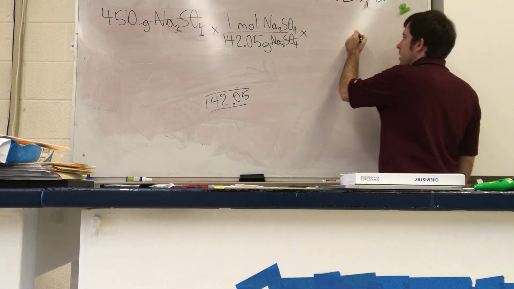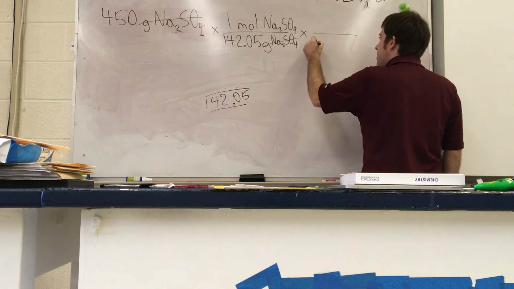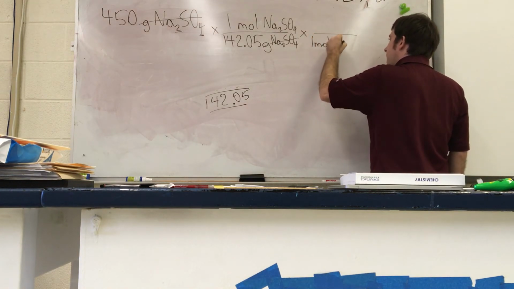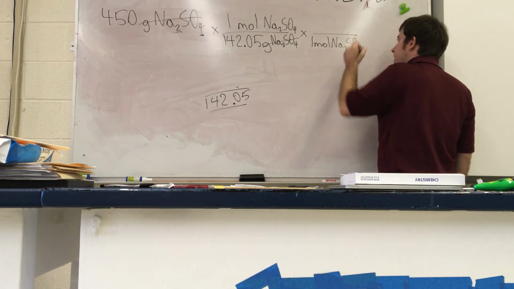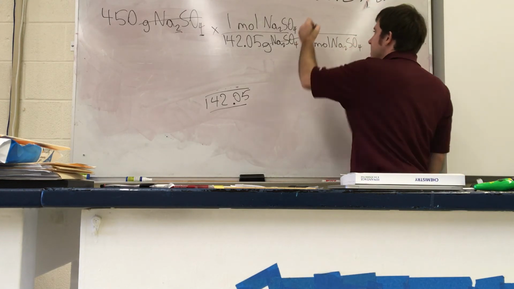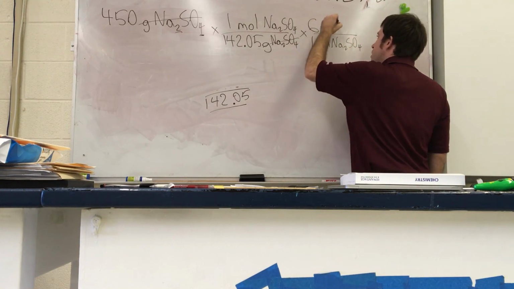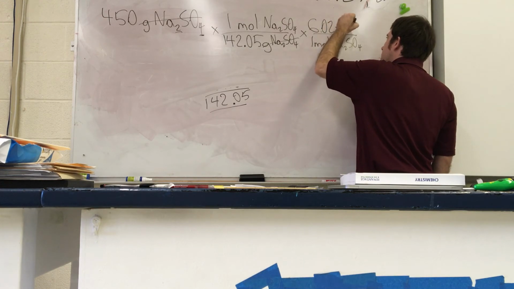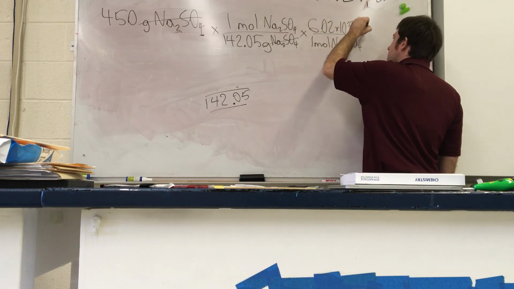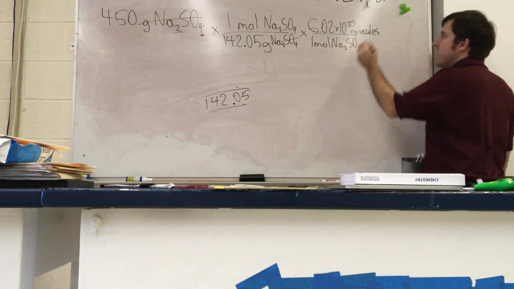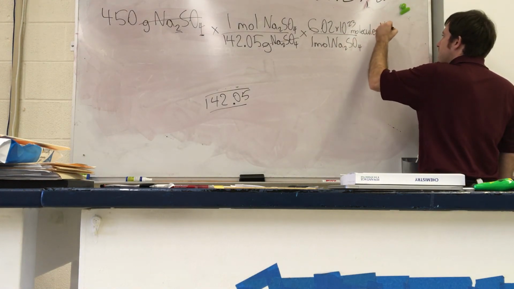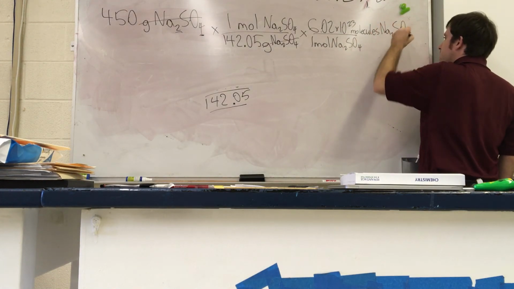Let's get to molecules. We know that 1 mole of Na2SO4 is the same as 6.02 times 10 to the 23rd molecules of Na2SO4.